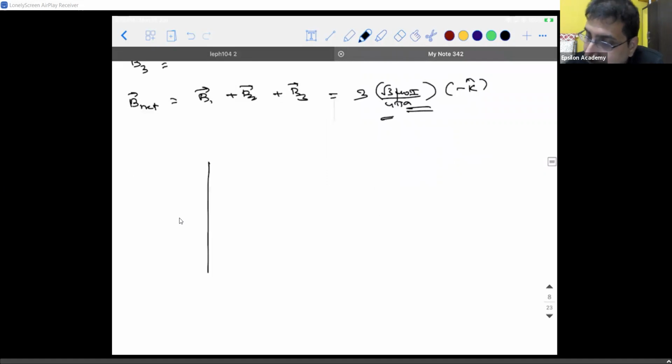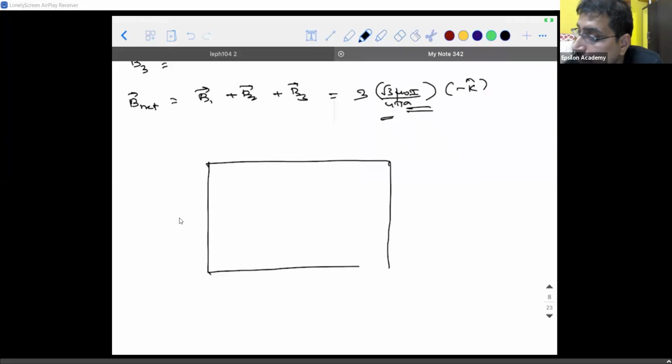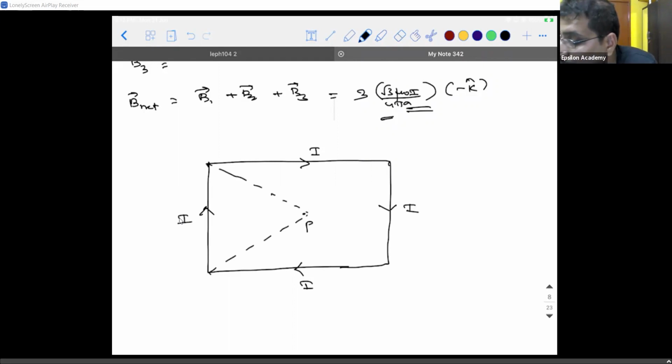So when you take the rectangle, if I take this point P, if I join these two, okay, then from here, if this is L, then how much will this distance be?